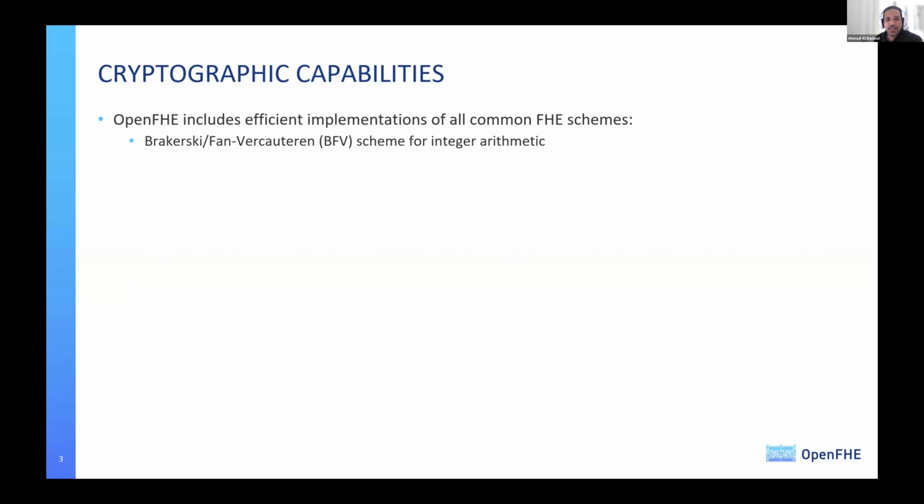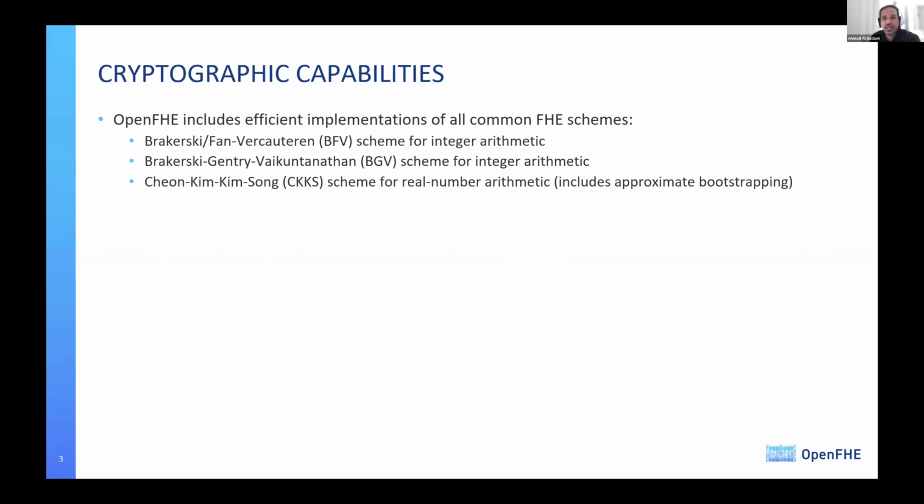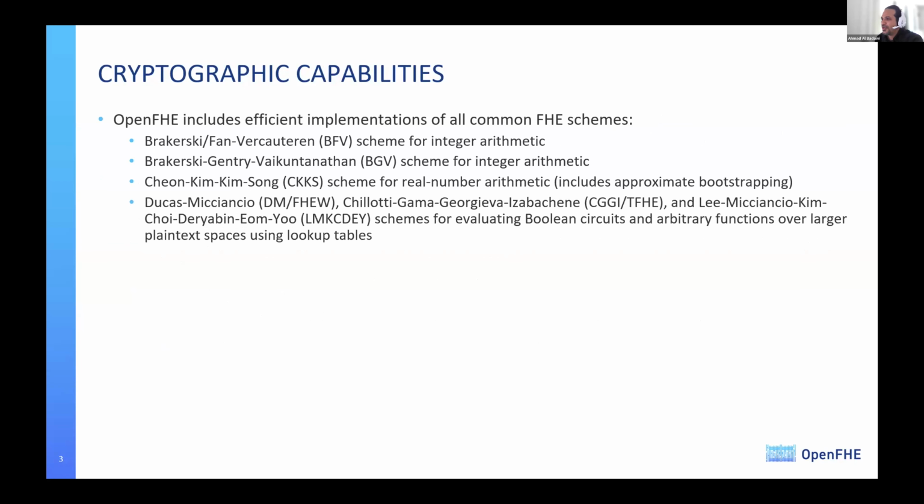From the cryptographic capabilities, OpenFHE includes efficient implementations of several FHE schemes, and here I want to touch on 4 families. The first one is known as the BFV scheme, and this is ideal for integer arithmetic. The second one is BGV, similar to BFV.